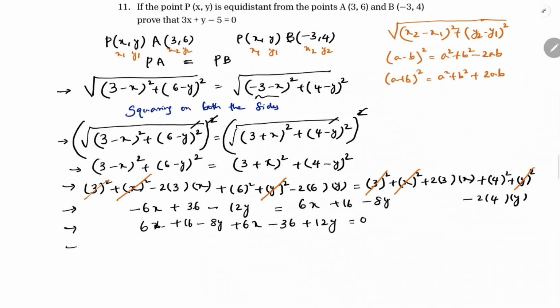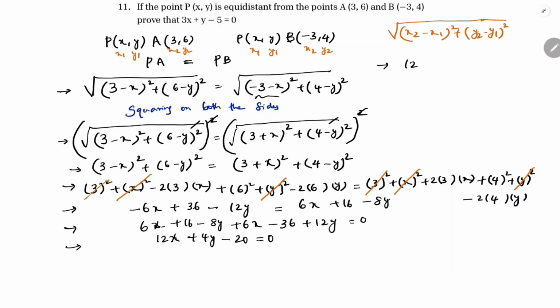Now the next step: 6x plus 6x is 12x, minus 8y plus 12y gives plus 4y, and 16 minus 36 is minus 20, equals 0. So 12x plus 4y minus 20 equals 0.